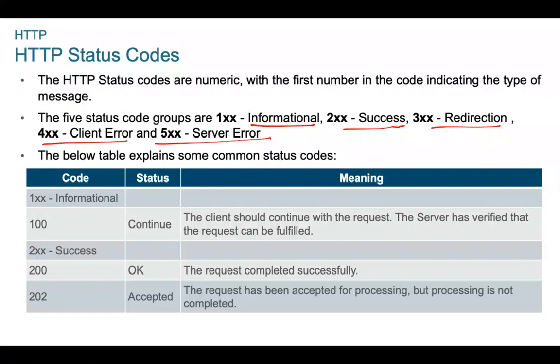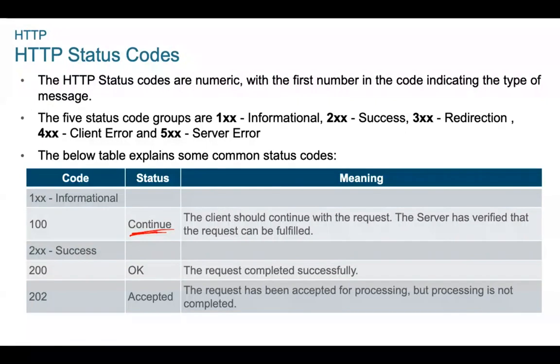Here is an explanation of some common status codes. 1xx gives information, and one code is 100, where xx is replaced with 00. The status is continue. The client should continue with the request, and the server has verified that the request can be fulfilled.